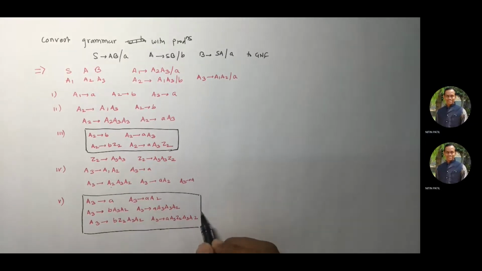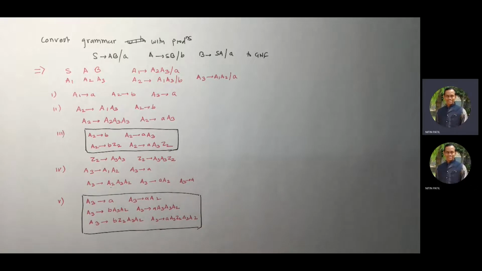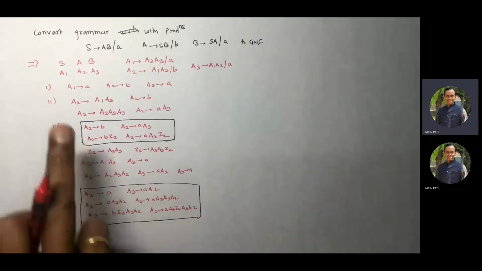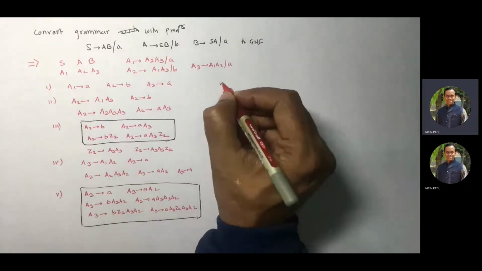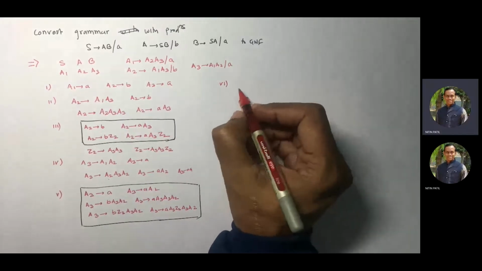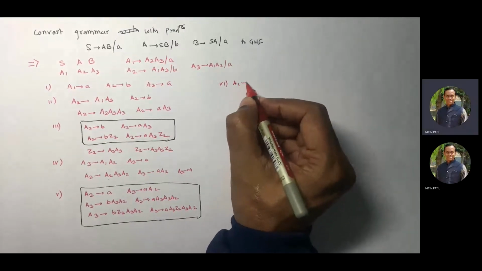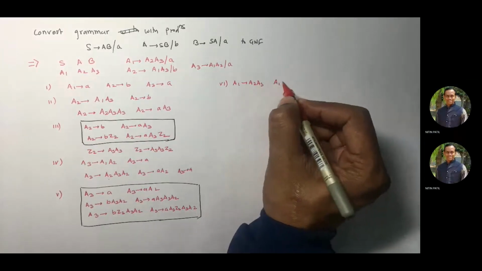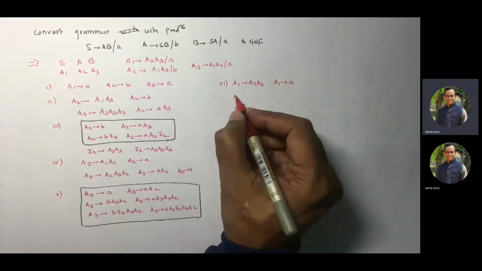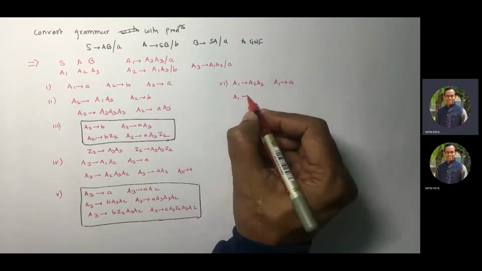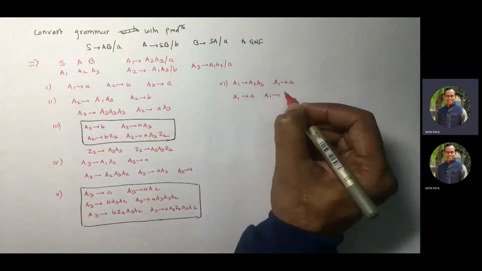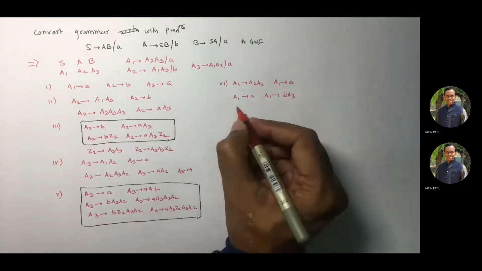Correct? Okay. Now we have to talk about Z2. Or you can talk about A1 first. So sixth one. A1 productions are A1 gives A2, A3 and A1 gives A. So you can rewrite them replacing A2 values. So we get A1 gives B, A3.